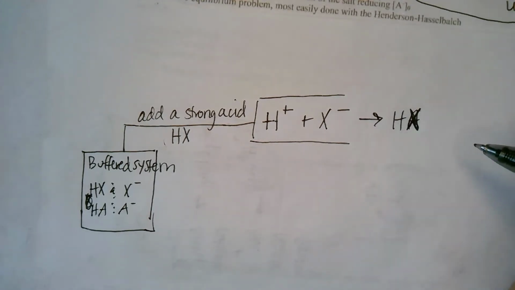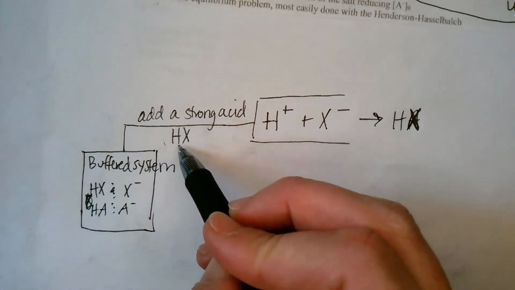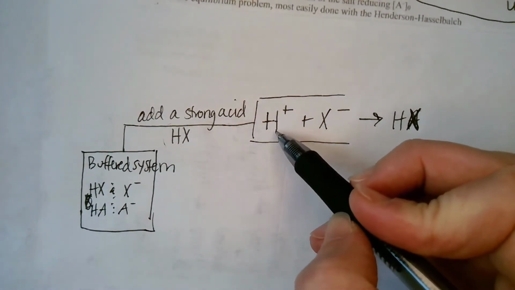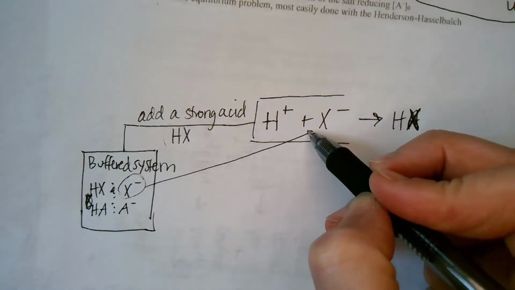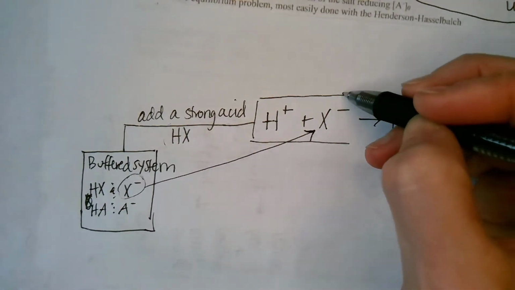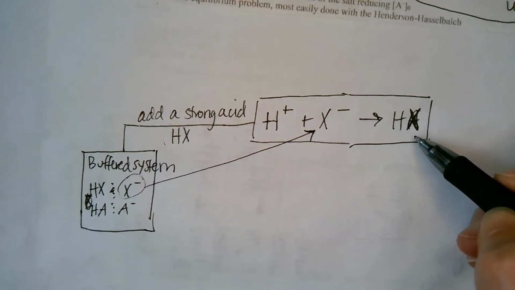Now I've got to remember if I'm using A's or X's. So we have the strong acid, the hydronium from the acid, plus the X from our buffered system. It's going to produce more acid. So if I add a strong acid, I produce more acid.